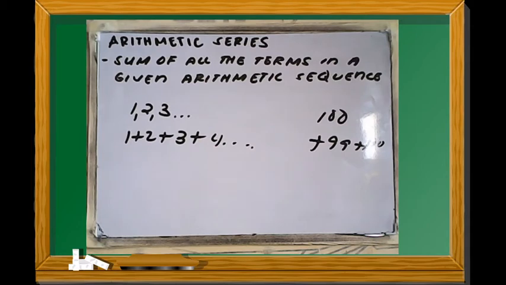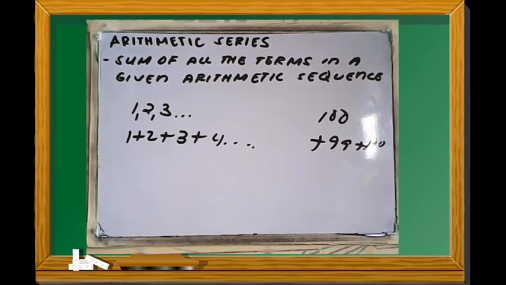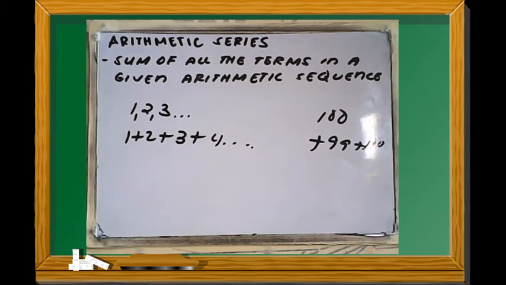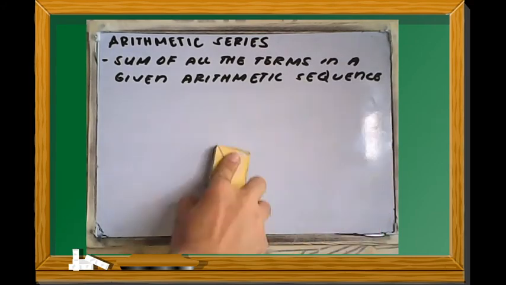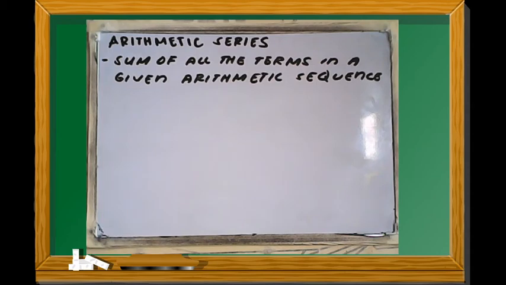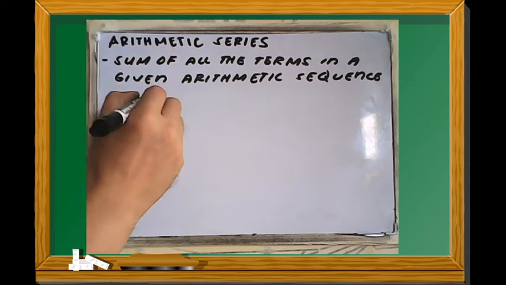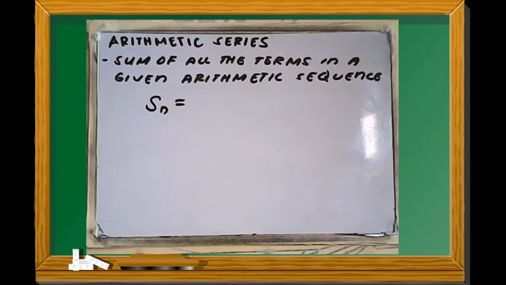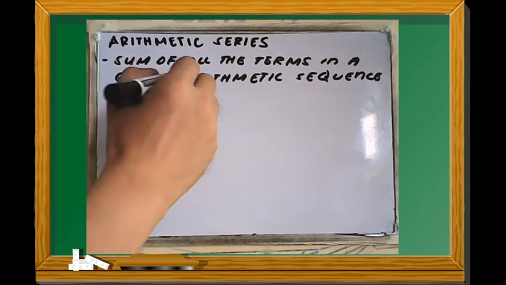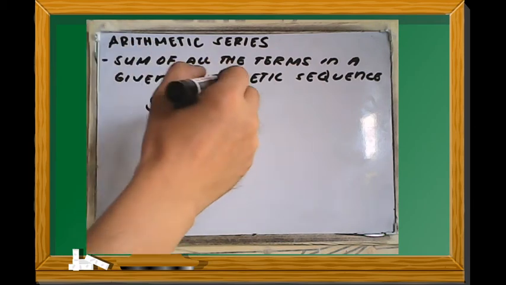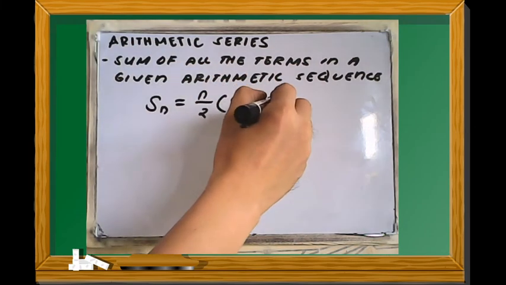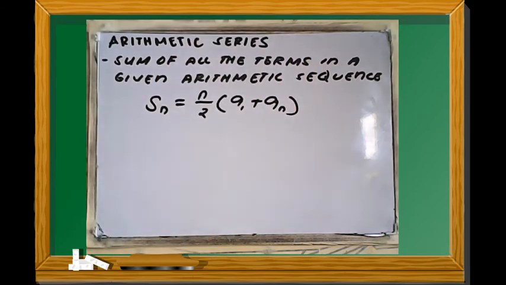If you do that in a calculator, it will take time. So here you can use the formula S sub n is equal to n over 2 multiplied by a sub 1 plus a sub n.